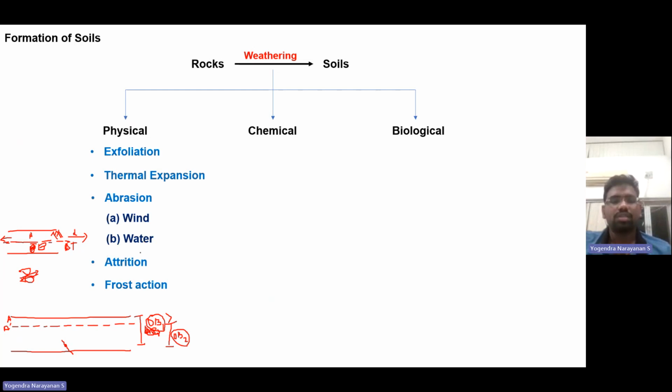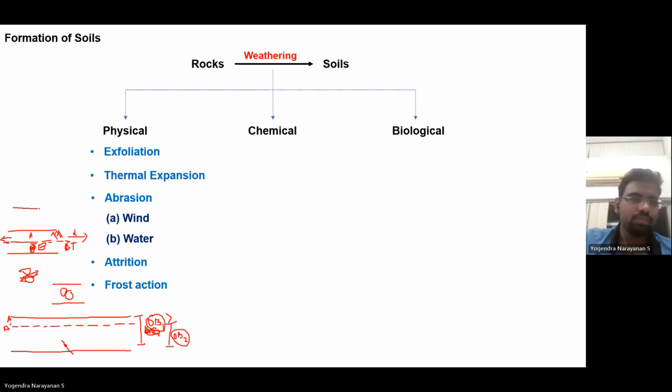And if they are suspended in water, it is known as water abrasion. So abrasion is essentially rough interaction between two particles that are suspended in either wind or water.